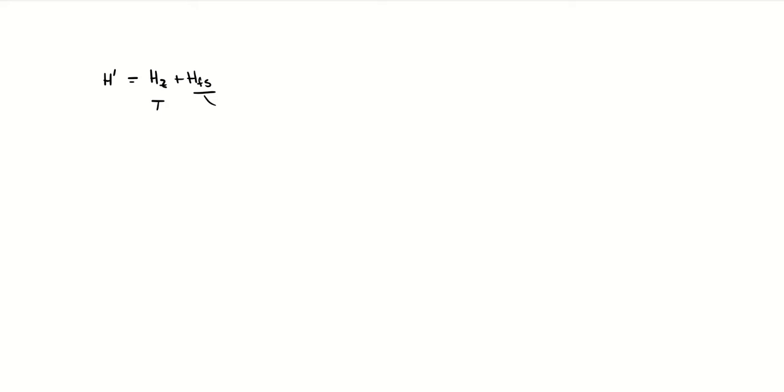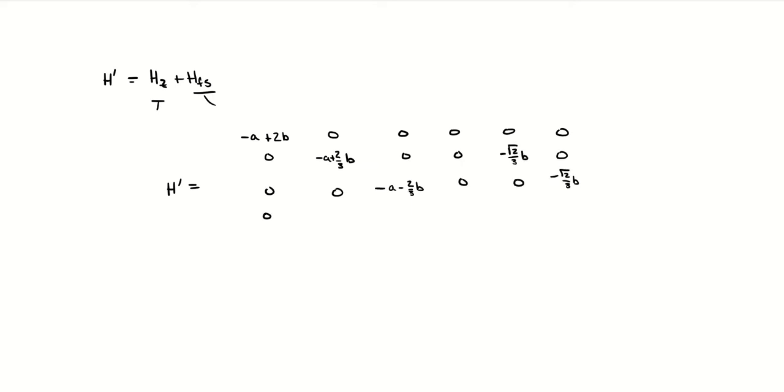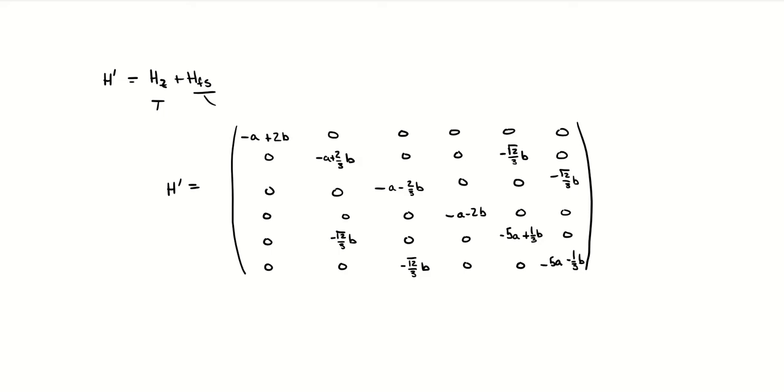If we do that and we take these Hamiltonians and put the full perturbation Hamiltonian in the coupled basis, what that looks like is this. We're looking at the 2p states, where we have n equals 2, l equals 1.